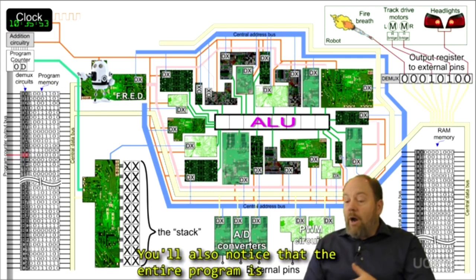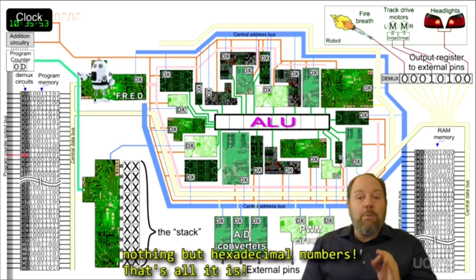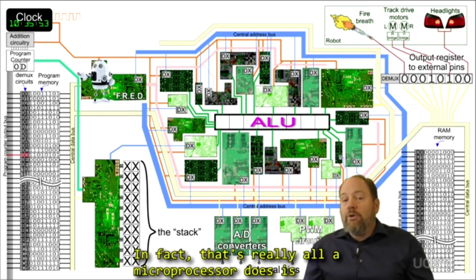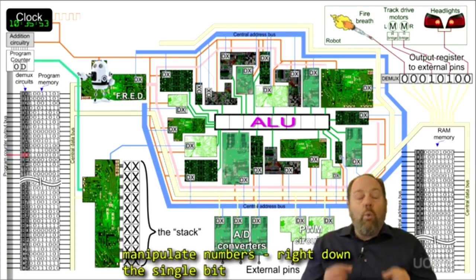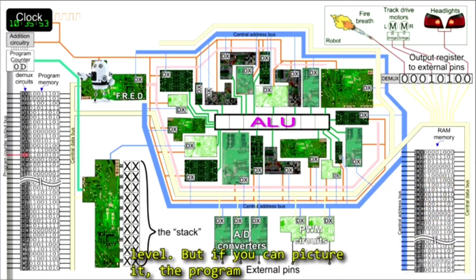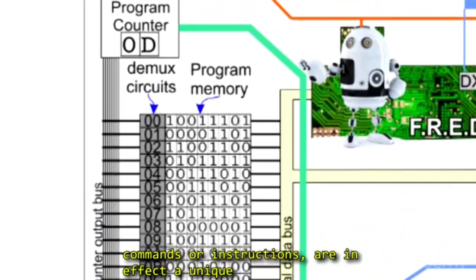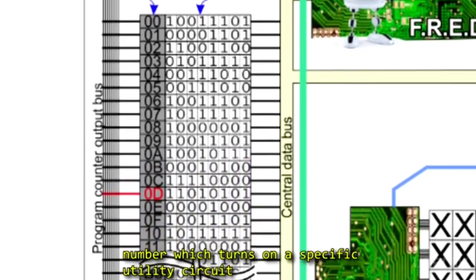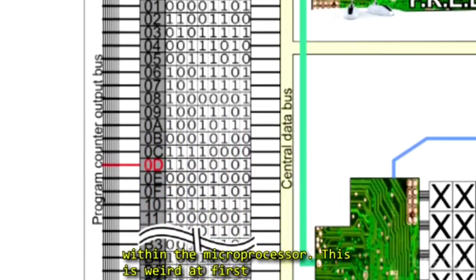You'll also notice that the entire program is nothing but hexadecimal numbers. That's all it is. In fact, that's really all a microprocessor does, is manipulate numbers, right down to the single bit level. But if you can picture it, the program commands, or instructions, are in effect a unique number which turns on a specific utility circuit within the microprocessor.